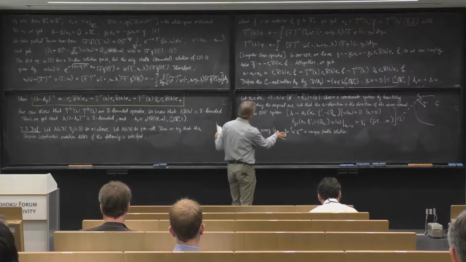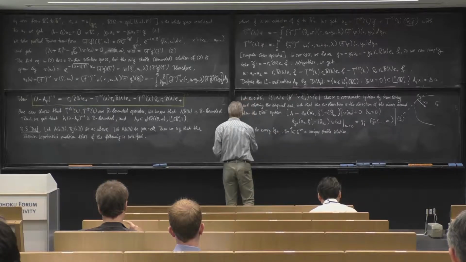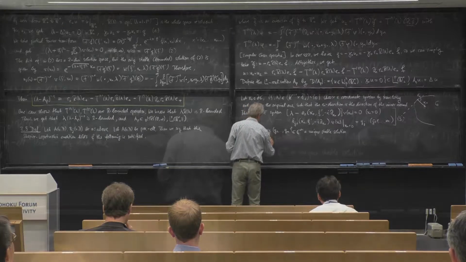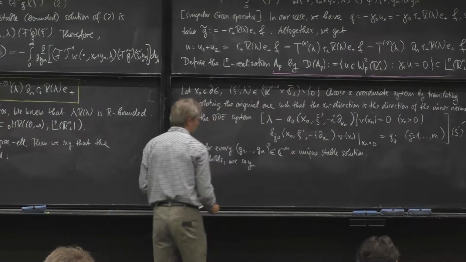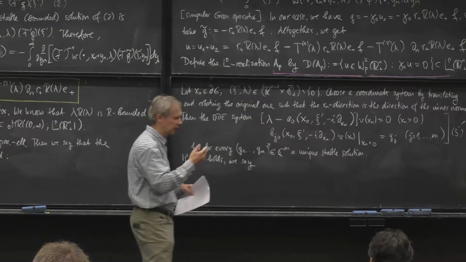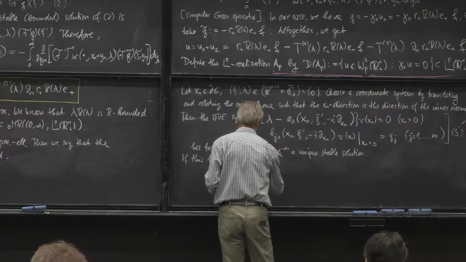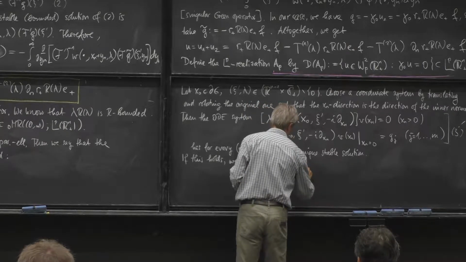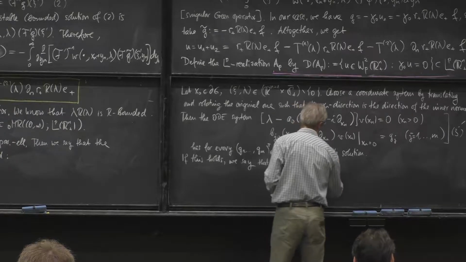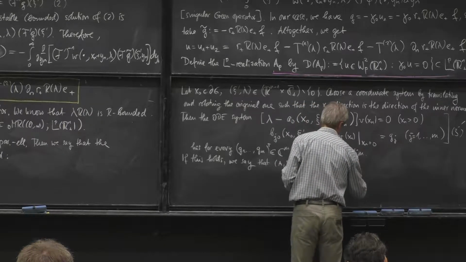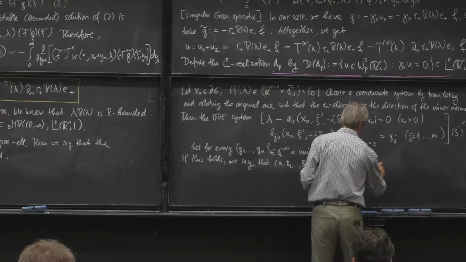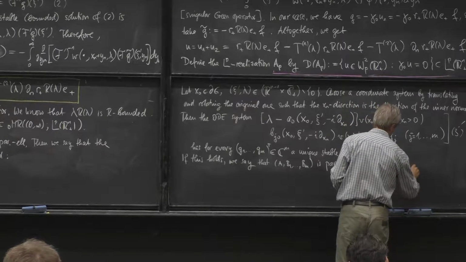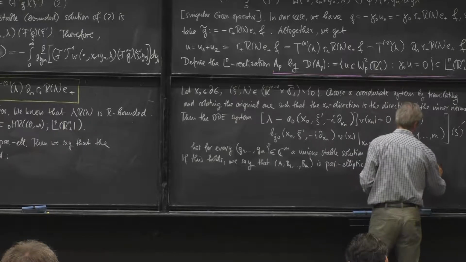And if this condition holds, we say that the boundary value problem A, B_1 to B_m is parameter elliptic, or d_t minus A with these boundary operators is parabolic.